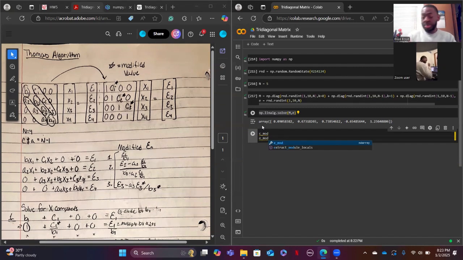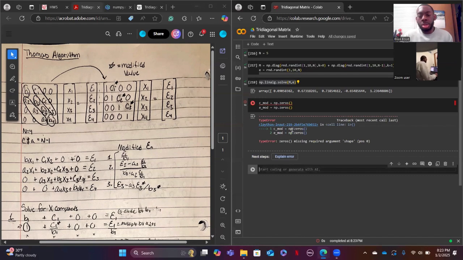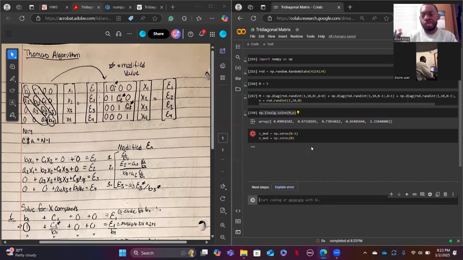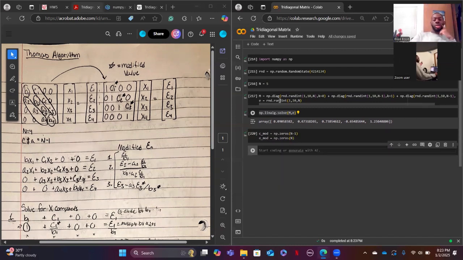And all we need is np.zeros. For both of these, for C's it is n minus one, because it's four of them, and then for E it's just n. We'll be putting information in these later. We can just say zeros for now, just as a filler.